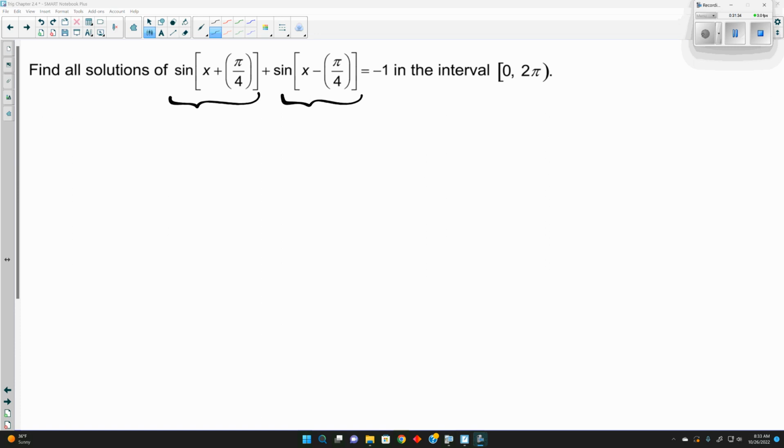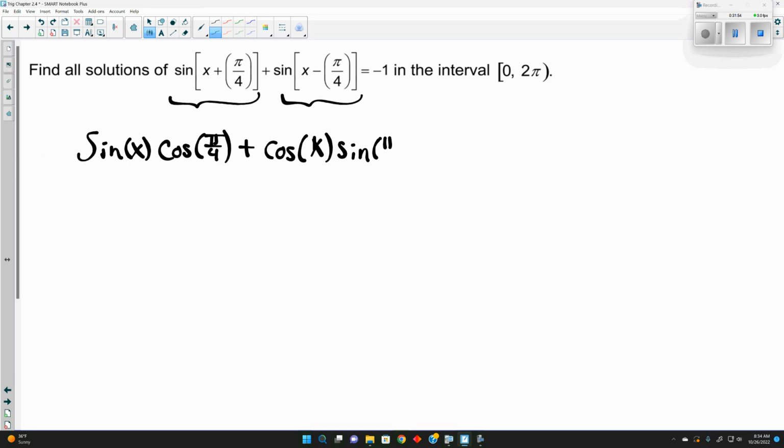So let's look at this here. So sine of x plus pi over 4. So this here would be our sine of x cosine of pi over 4 plus cosine of x sine of pi over 4. Because that's our first one.